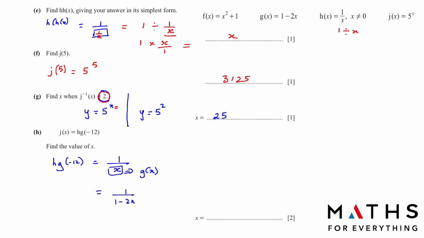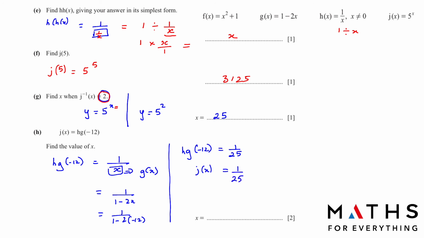And then in place of x, we are going to substitute negative 12. This will give us h of g of negative 12, which is equal to 1 over 25. So g of x is equal to 1 over 25.